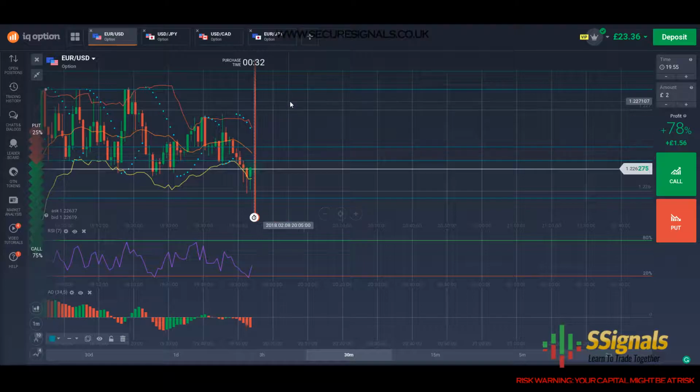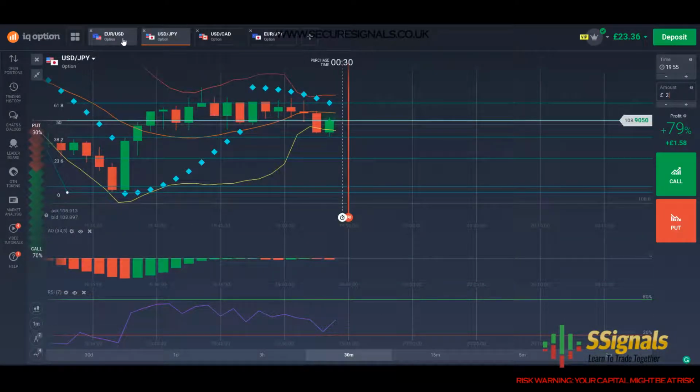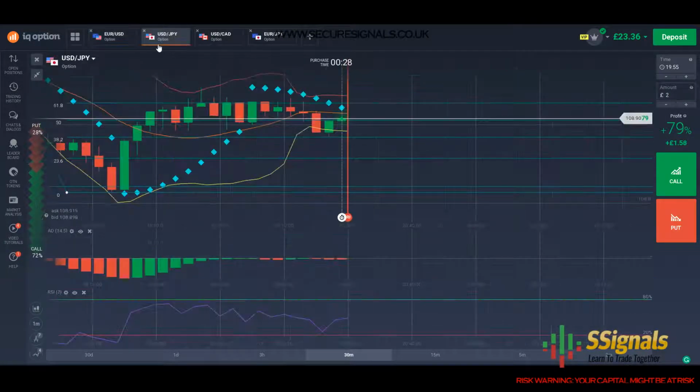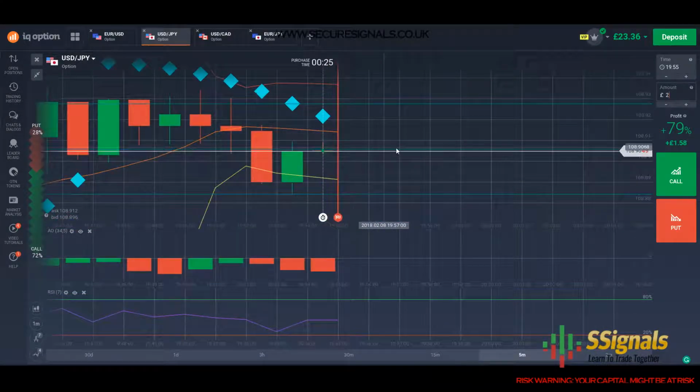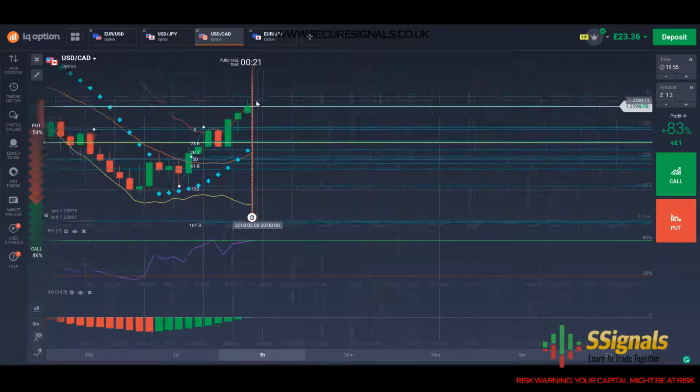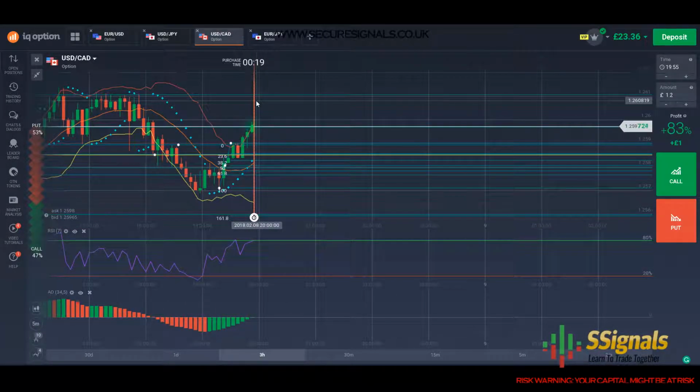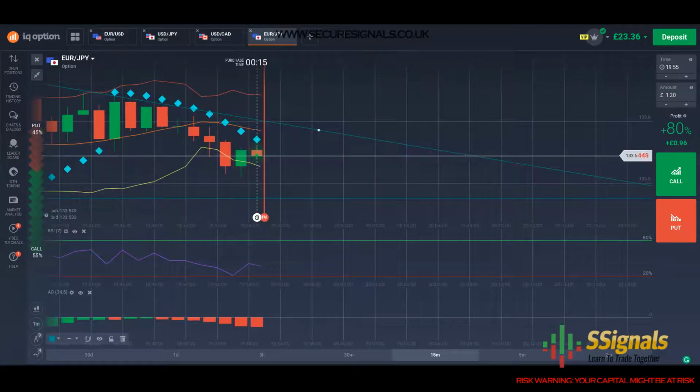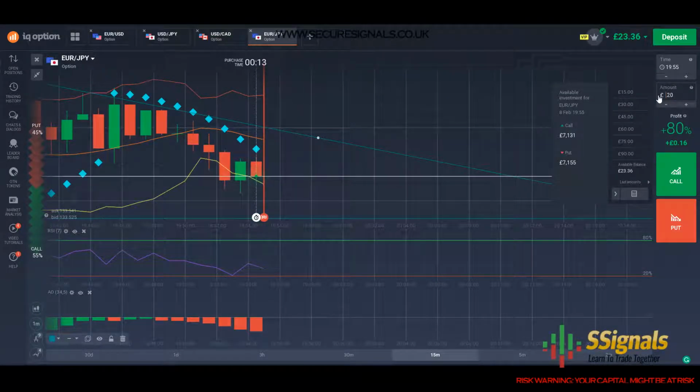But you won the last trade anyway, so it's okay if you missed that one. At least you didn't lose it. So yeah, I'm gonna compound this trade, guys. So £2. Just gonna make it £2 for all of them.